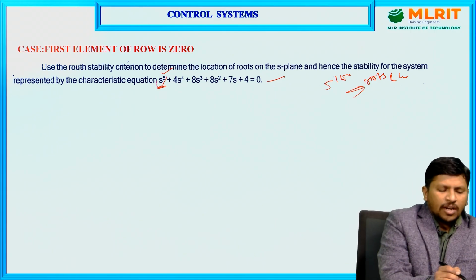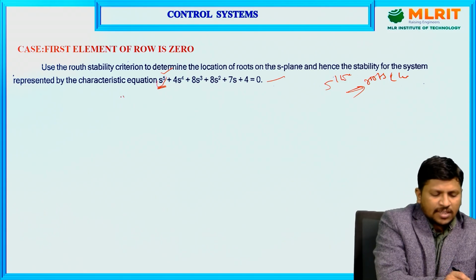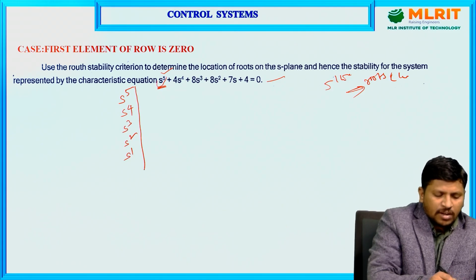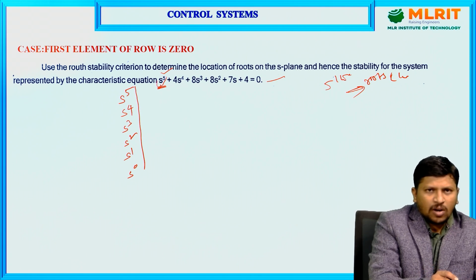Now we are going to arrange the array matrix. See, s power of 5, s power of 4, s cube, s square, s power of 1 and s power of 0. Here s power of 5 is an odd power, so the odd power coefficients are: first one is 1, next s cube is 8, next s power of 1 is 7, and there is no further term.